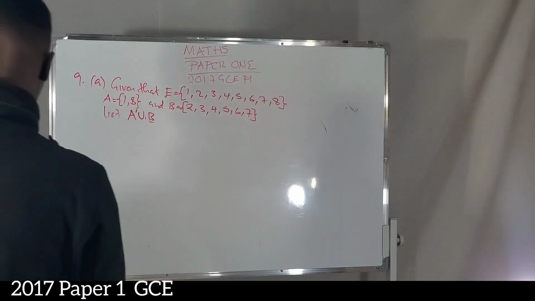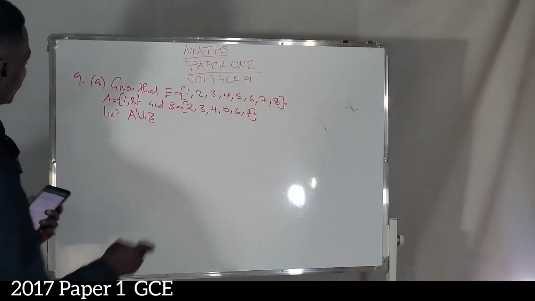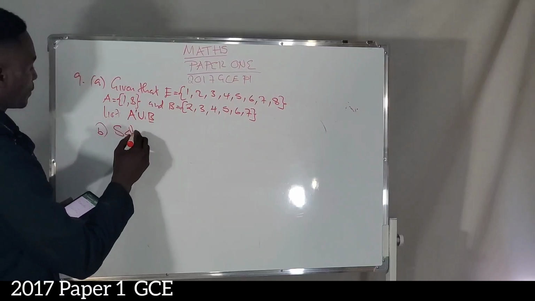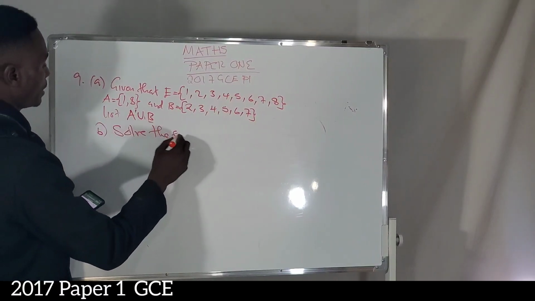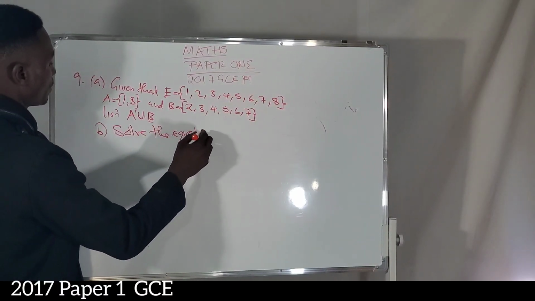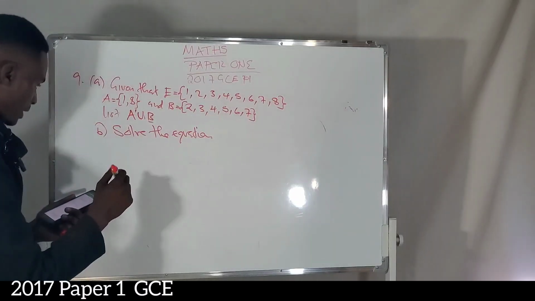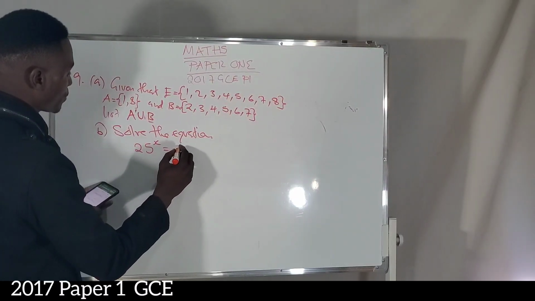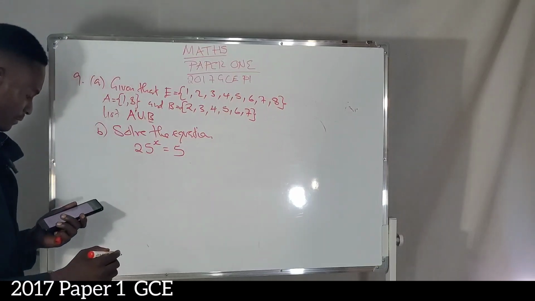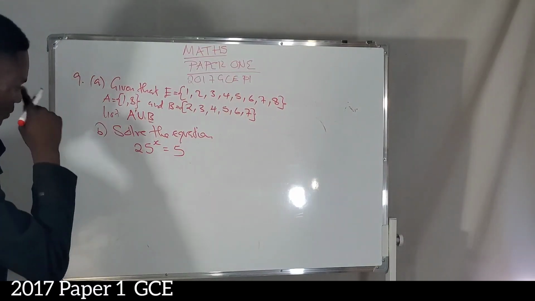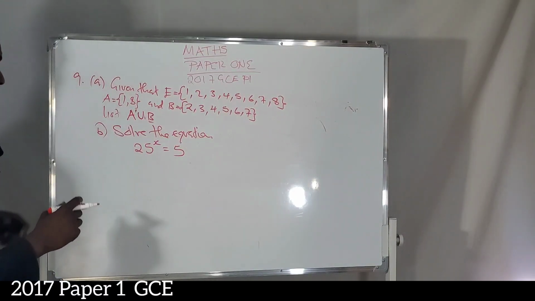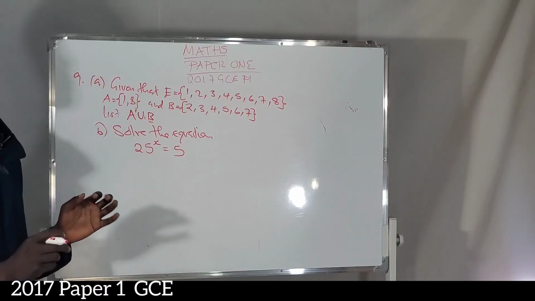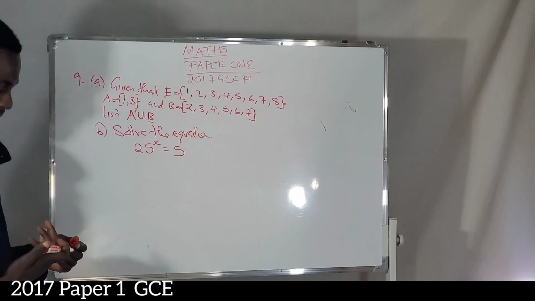The question B is: solve the equation 25 to the power x is equal to 5, and this one is 2 marks. This one is under indices, equations involving indices.